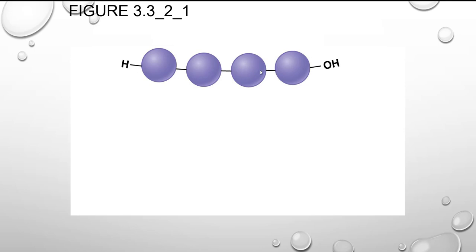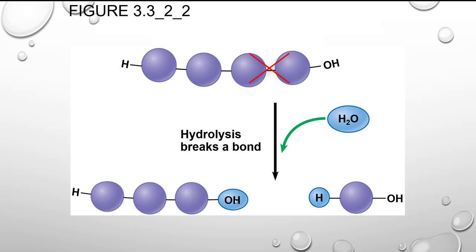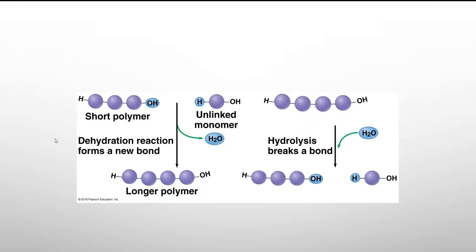Okay, so we're going to take that long polymer and we're hydrolyzing it, so we're adding water to break the bond. Now the OH from the water will attach to, in this case, the shorter polymer, and then the H will attach to the unlinked monomer. Okay, so you can see them together.